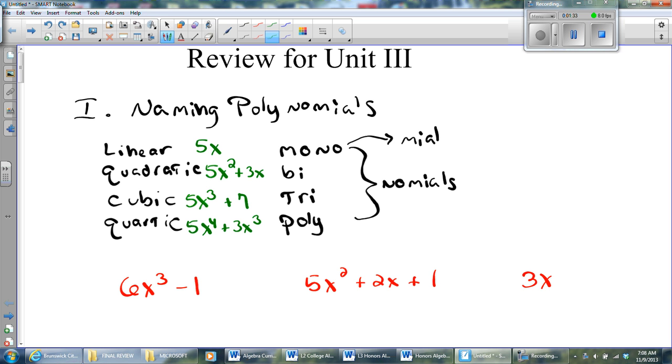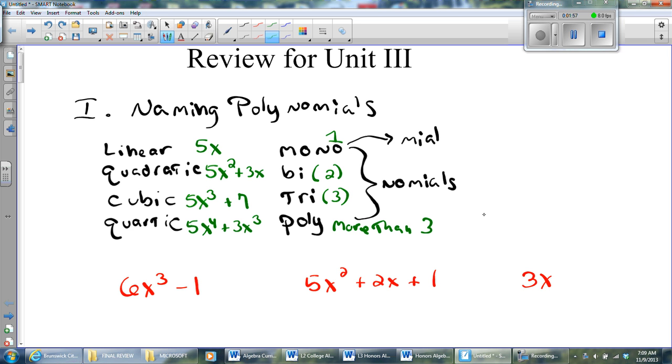Then we need to know how many terms there actually are. If there's 1, it's called a monomial. Bi if there's 2 terms. Tri if there's 3. And poly if there's more than 3. And you just add nomial or mial onto the end, depending on which prefix you're using.